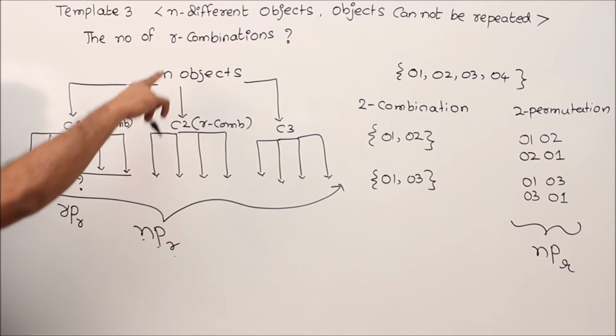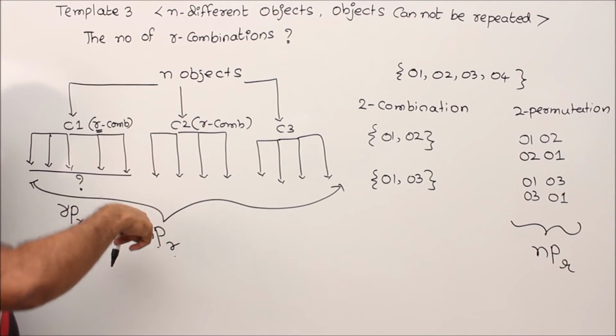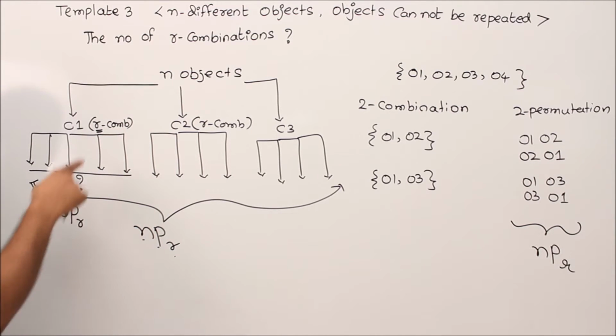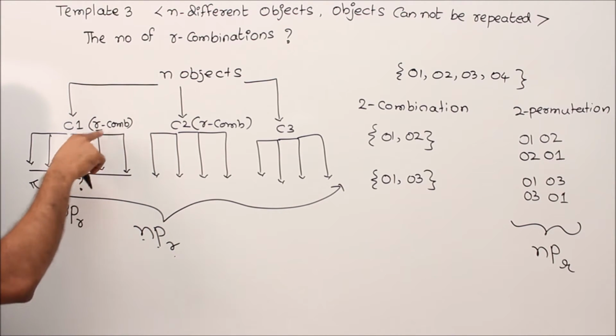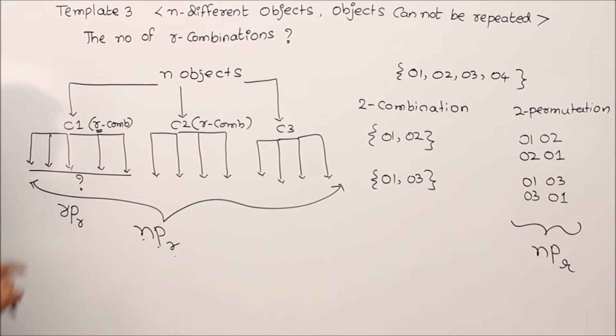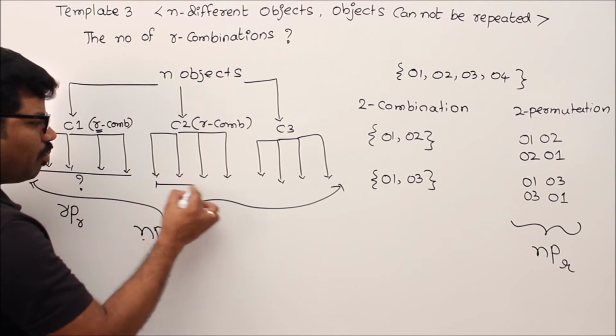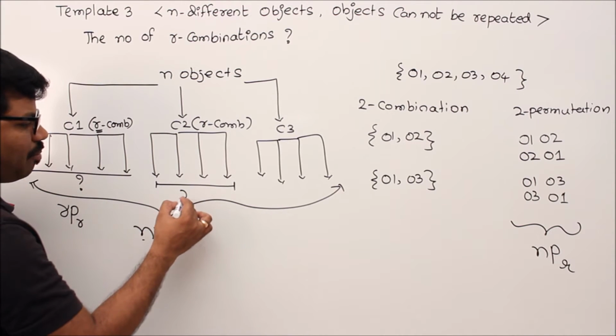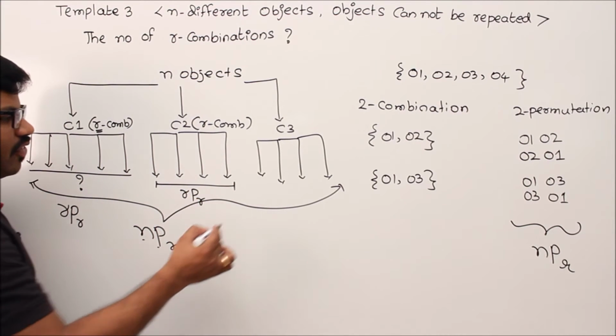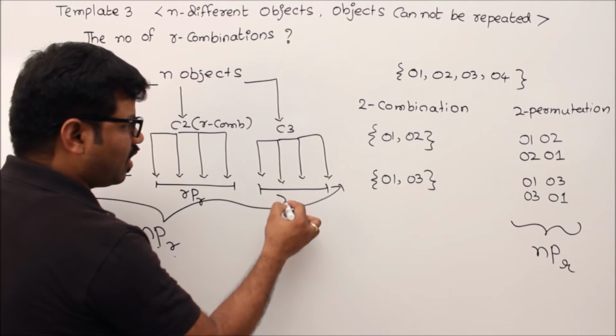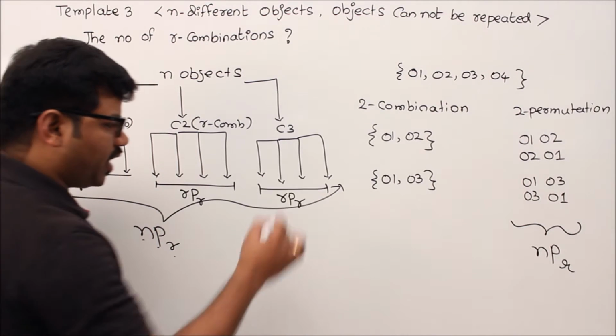NPR is for taking R objects from N objects and arranging them, and RPR is nothing but taking R objects from R objects and arranging them in the line. Similarly, for the second such combination also we have RPR permutations. For the third combination also there are RPR permutations.